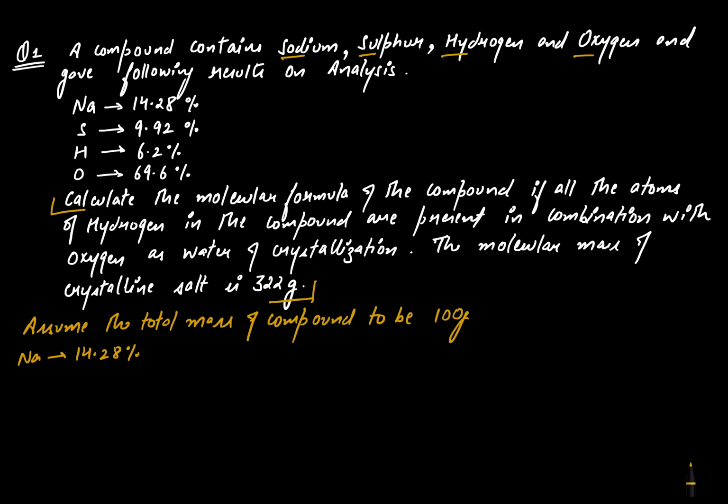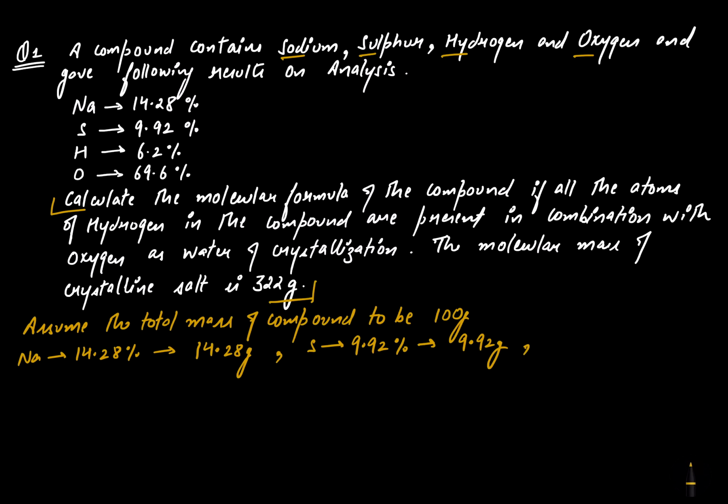So the sodium is 14.28%. We can take it like 14.28 grams. My sulfur is 9.92%. You can take it like 9.92 grams.